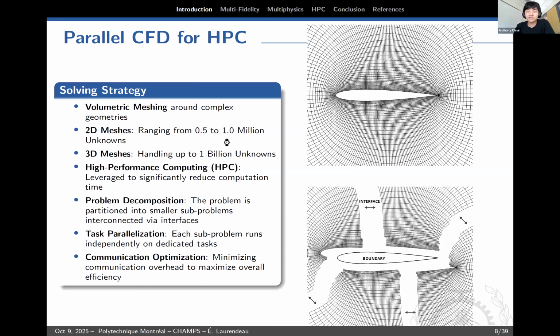The sheer scale of the system we are trying to resolve means that CFD has to leverage high performance computing in order to significantly reduce the computation time and achieve acceptable wait times. How it works is that we subdivide the problem into smaller subproblems that are interconnected via interfaces. Then each subproblem is run independently on a dedicated task, or a dedicated CPU in that case.